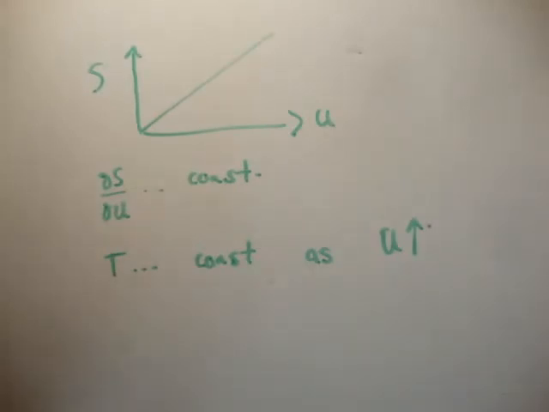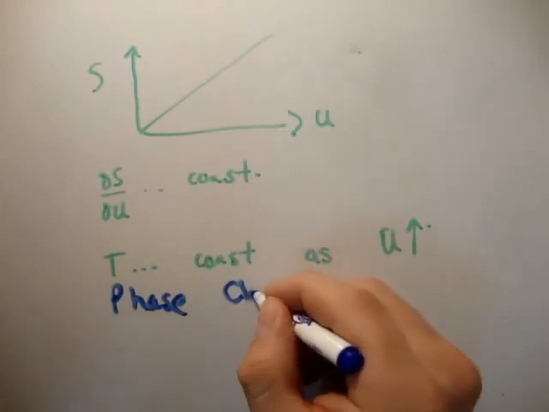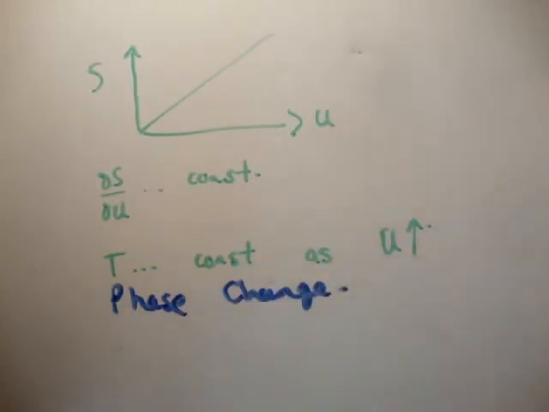Think about it now. In our own experience, what system behaves such that its temperature is constant as the energy goes up? The answer is a phase change. So you boil a kettle, going from a liquid to a gas. You're increasing the energy, but the temperature is still staying the same. So that's one we've seen before.